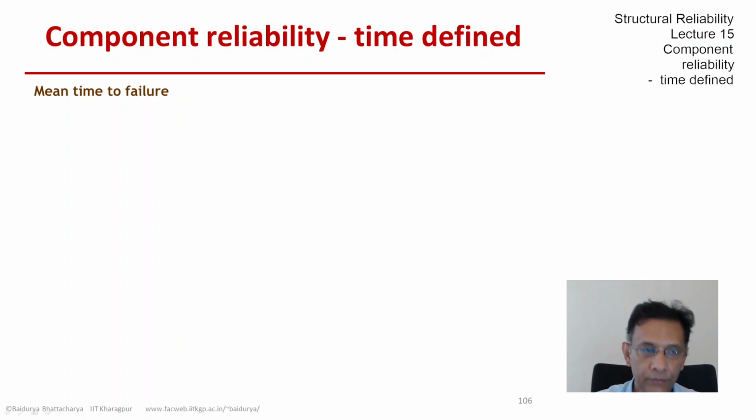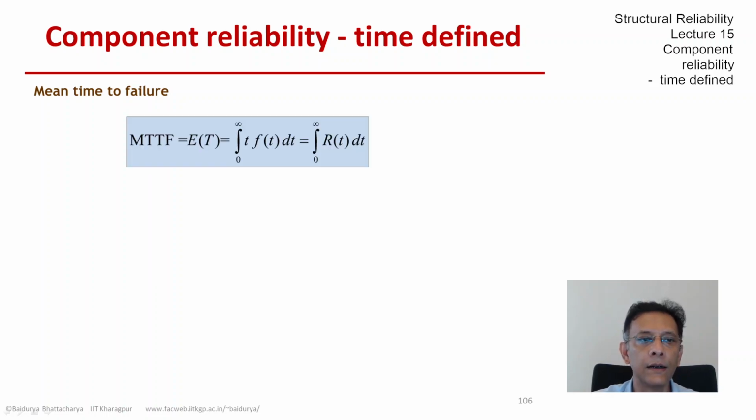But let's define it. The MTTF, the mean time to failure, is the expectation of the random time to failure T, and because we define T only for non-negative values, 0 up to positive infinity, that's what you see on the limits of the integration.